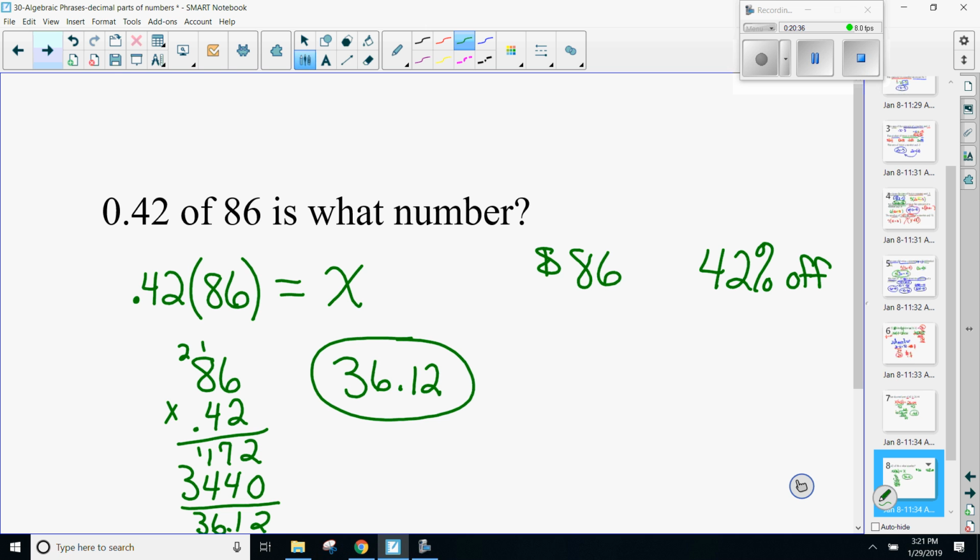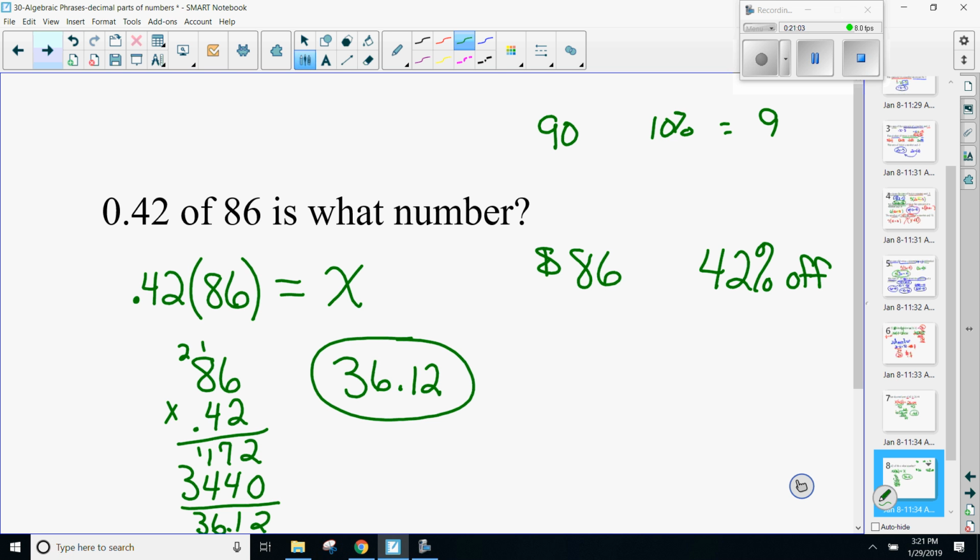If you think about 42% off, a good way to estimate that: what's 10% of that? 8.6. I could estimate a little bit, and I could say that's close to $90. 10% of $90 is $9. You've got 40%. That's almost, well, 42%.